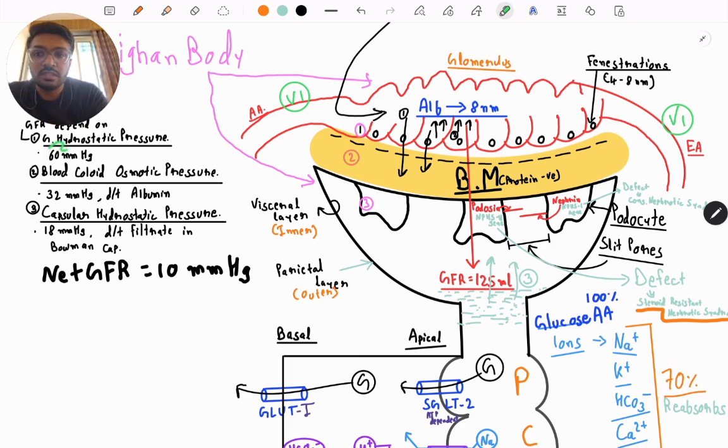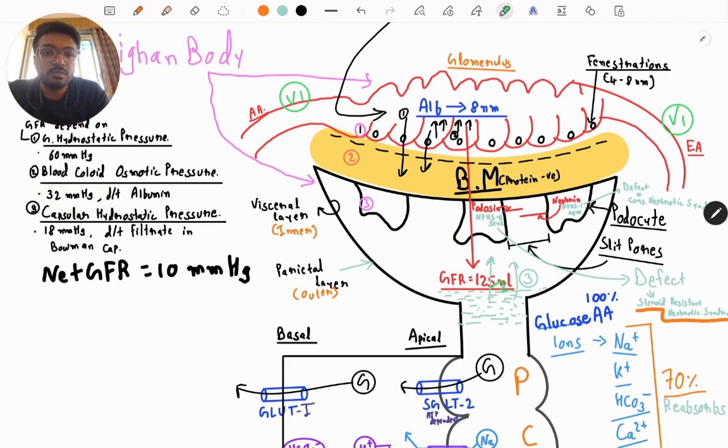This force will be 60 mmHg. Then the next will be blood colloid oncotic pressure, which is due to our albumin, which will not let the filtration happen. We can say it's going to resist filtration. That will be 32 mmHg.